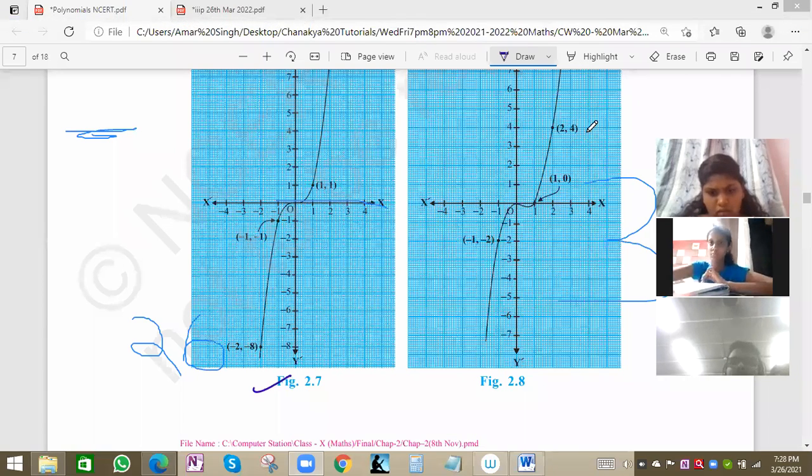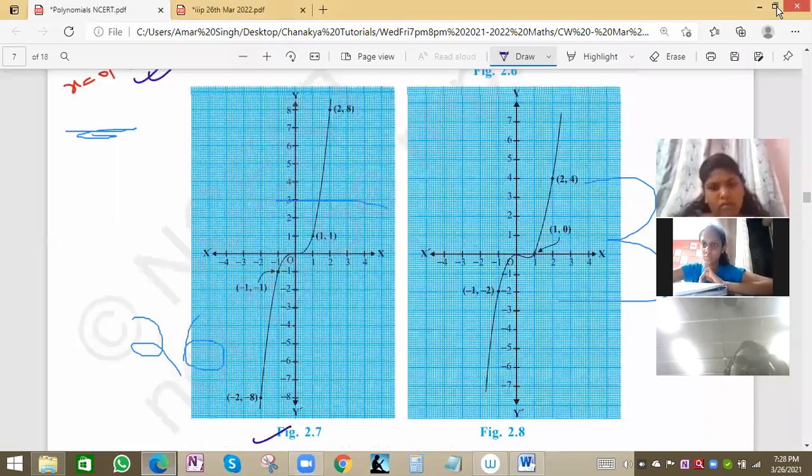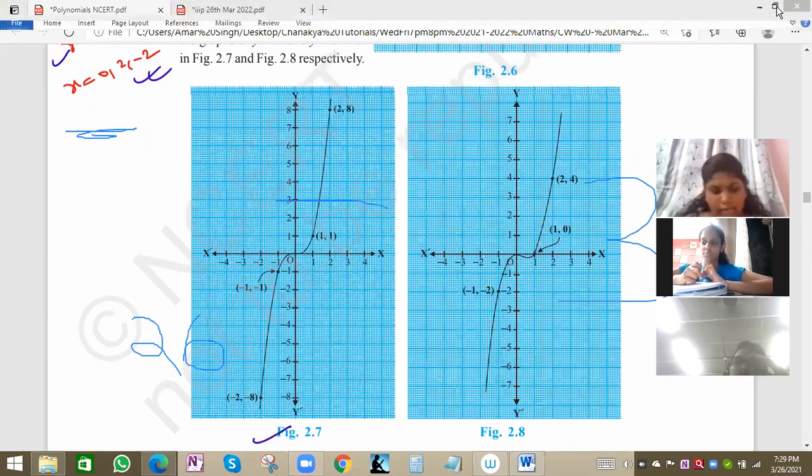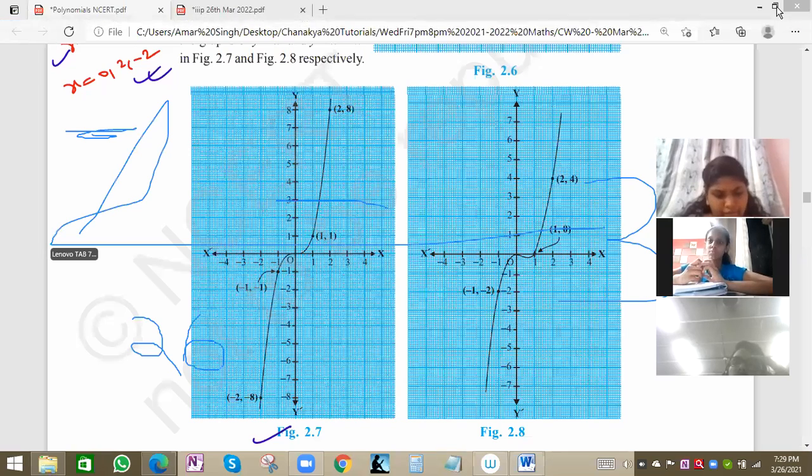How many zeros for the first graph? One. Sara, correct. Samarth also one. Chanchal, are you getting the values? One. Pratibha also correct. Person also correct. Means all of you are correct.